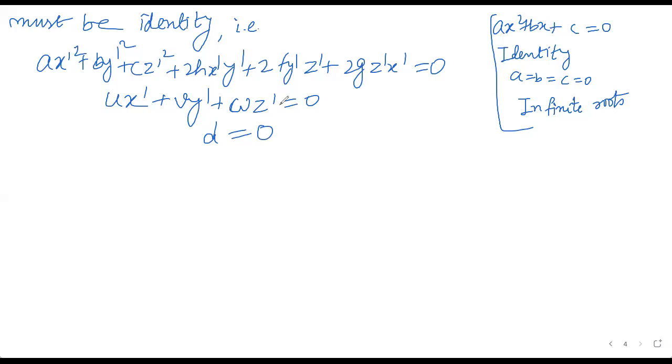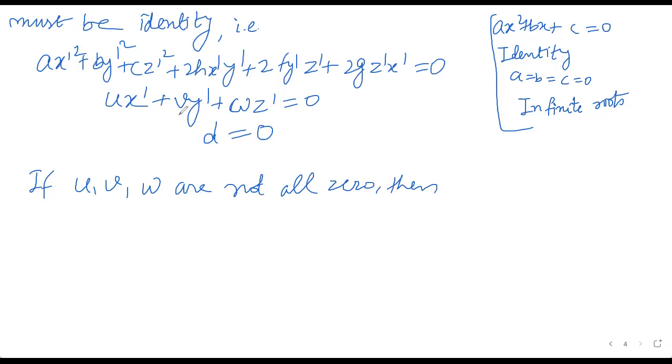So now I will solve it. Now here if u v w are not all 0, then what will happen?